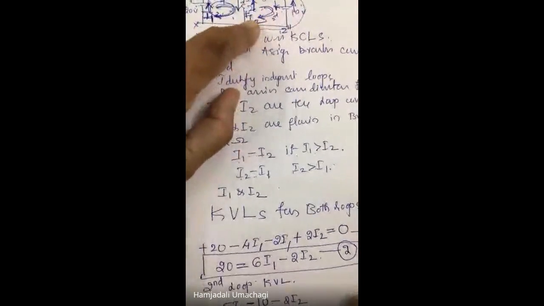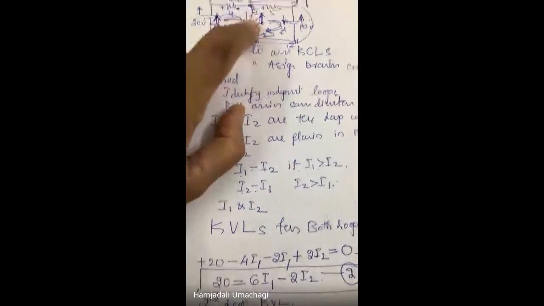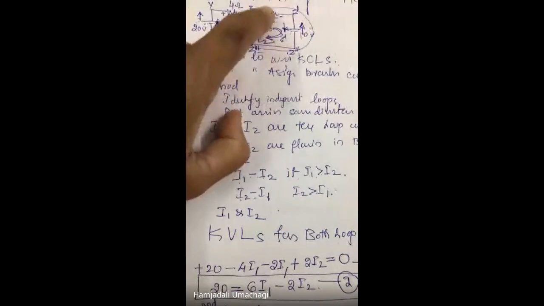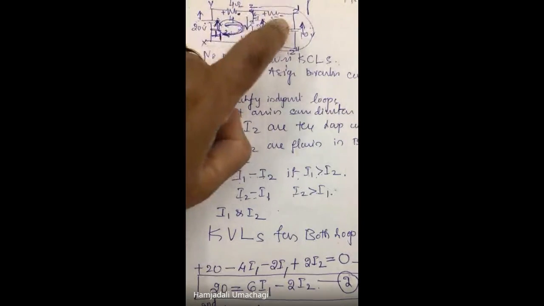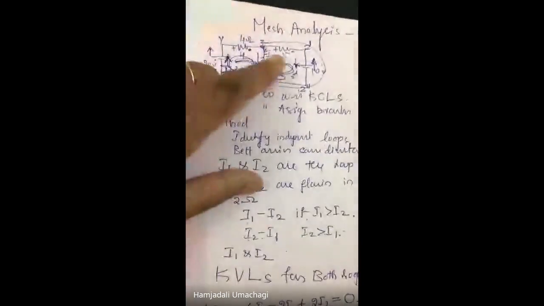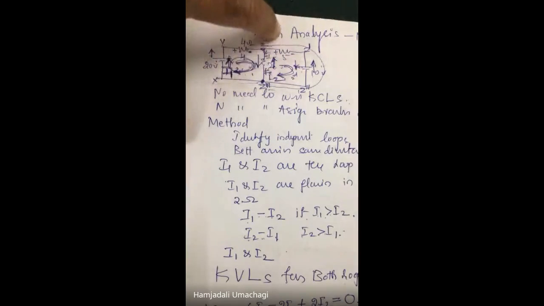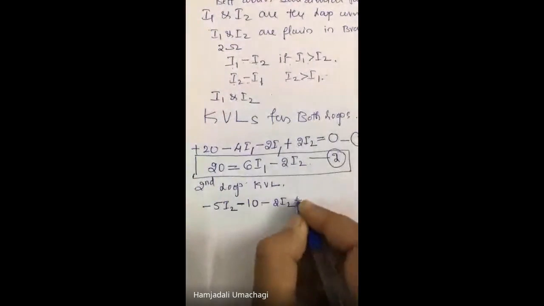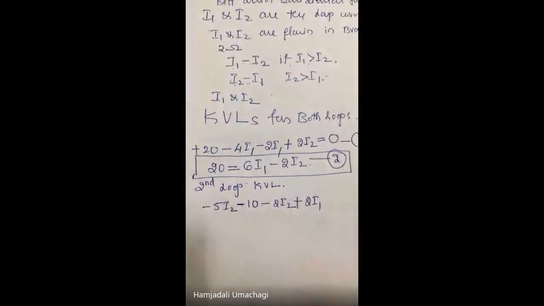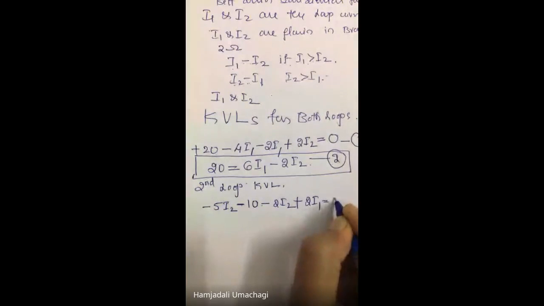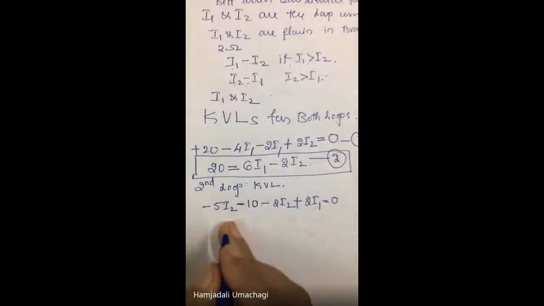Loop current I1 and loop current I2 are both acting in opposite directions, isn't it? Thus, I1 is entering in this direction, whereas I2 is entering in the upward direction. Thus, here it will be plus 2I1 equal to 0.